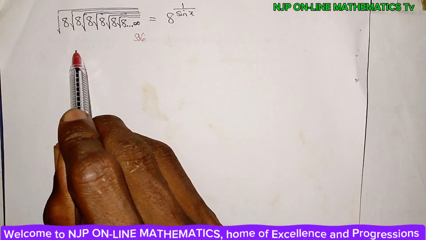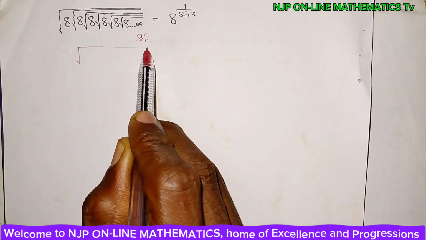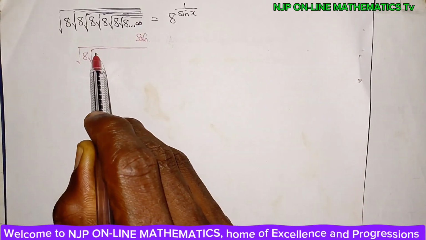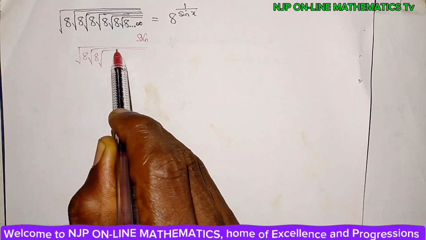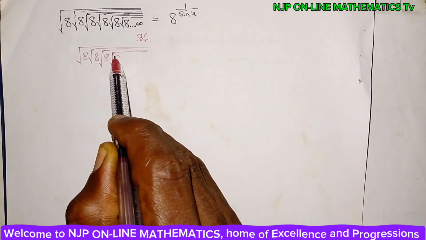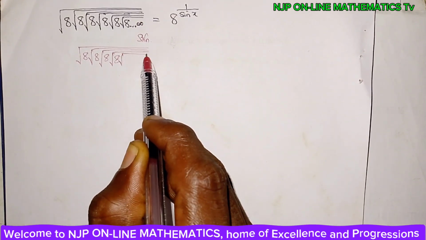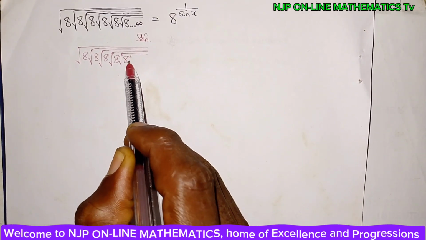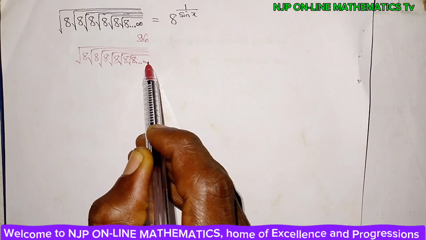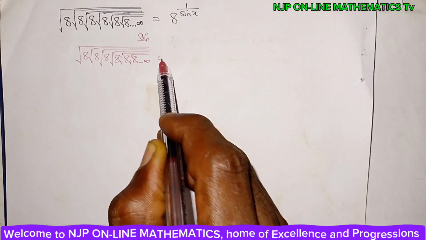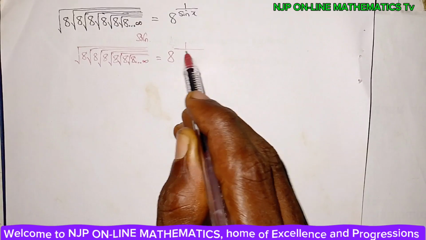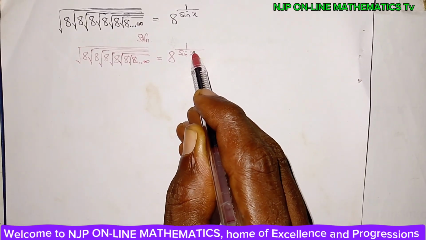So we are given that the whole root of 8 multiplying the whole root of 8 multiplying the whole root of 8, as it continues to infinity, equals 8 raised to the power of the inverse of sine x.